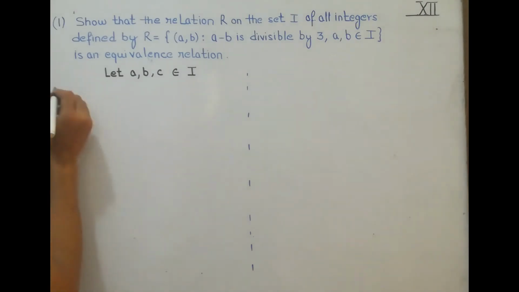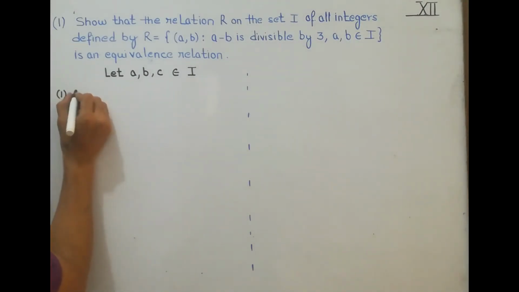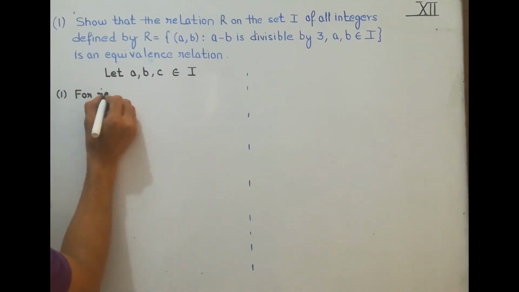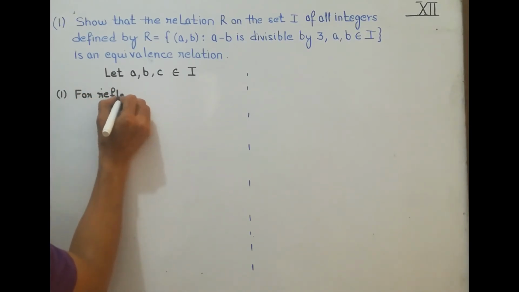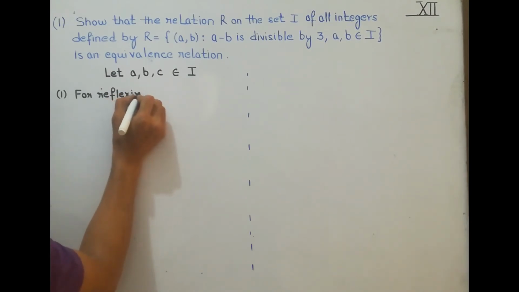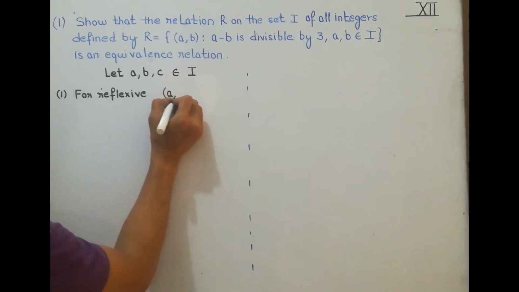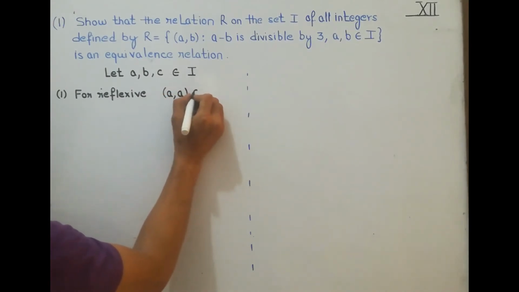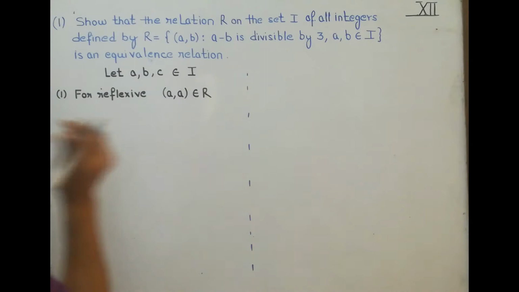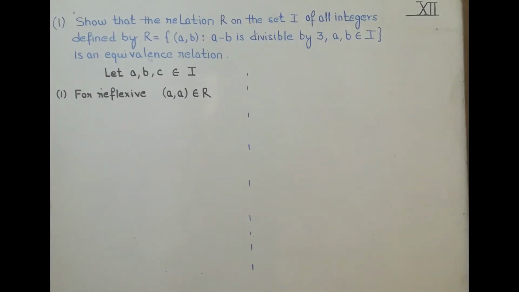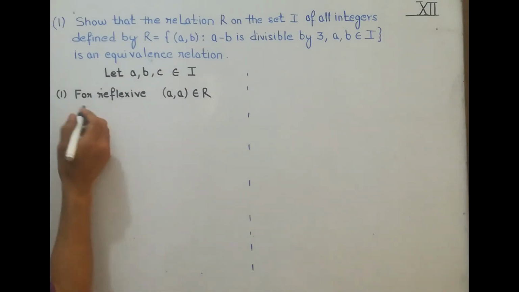Now for reflexive, first of all, we will write the definition. This is the definition of reflexive, that is (a, a) should belong to the relation. Now let us prove it.